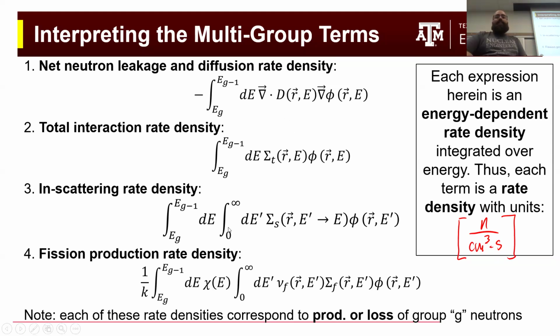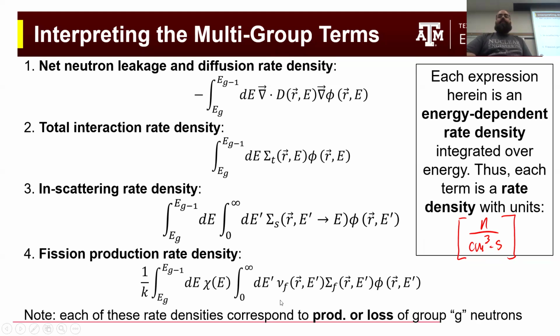But now, because I've integrated over this little range, it represents production or losses for the neutrons in little group g. So this would, for example, be the number of neutrons per unit volume per unit time that are leaking out of my reactor and that are within that little group G. These would be the total number of neutrons per unit time per unit volume that interact within that group G. These would be the total number of neutrons per unit volume per unit time that scatter from some other energy into our current group.